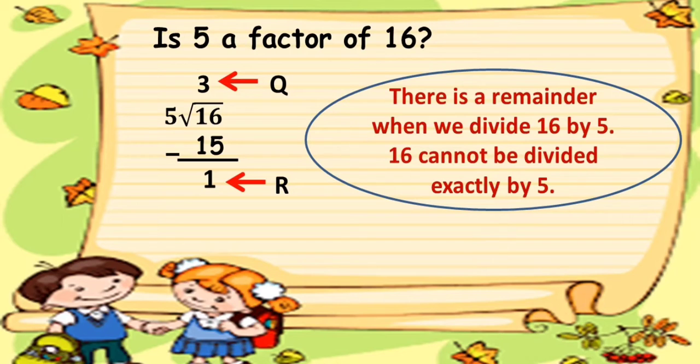Because there is a remainder when we divide 16 by 5, and 16 cannot be divided exactly by 5, 5 is not a factor of 16.